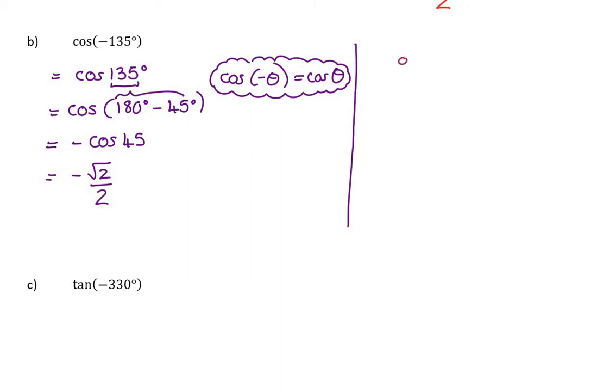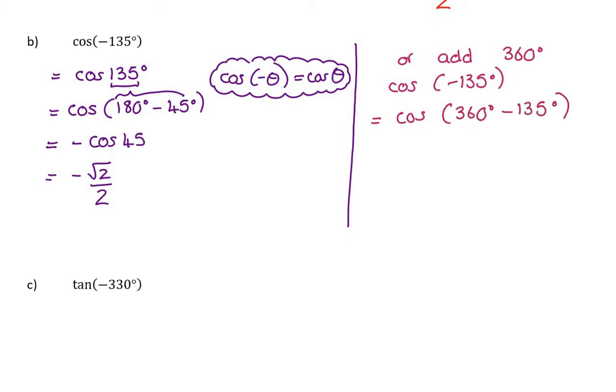Now the other way to do it is, don't forget that you can add 360 degrees as many times as you want. So you could take cos of negative 135 degrees, and you can just add 360. So then you'd say 360 minus 135 degrees. Now this is when it starts to get a little bit tricky, because there's now two ways to progress. You can go straight to reduction.